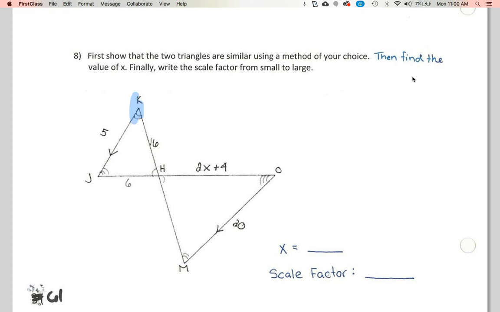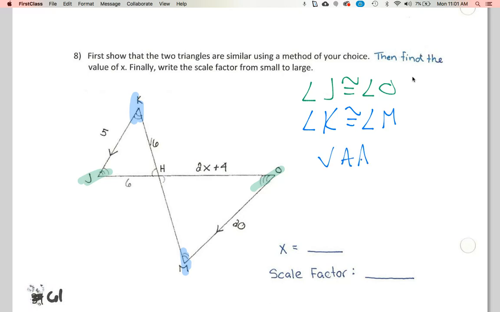I'm going to go K and M, J and O. That's enough for angle. So angle similarity, we now know that the two triangles are similar.